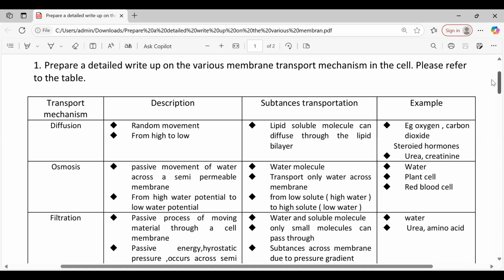The substance transported is water molecules, and it transports only water across the membrane. It moves from low solute, high water to high solute, low water. Examples of osmosis are water, plant cells, and red blood cells.